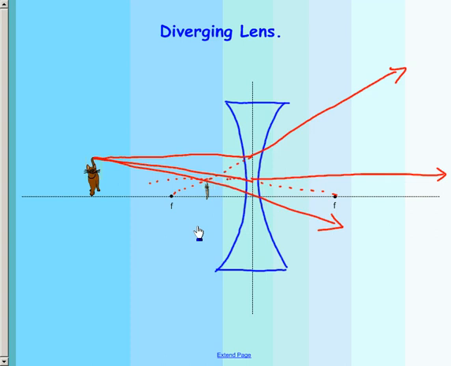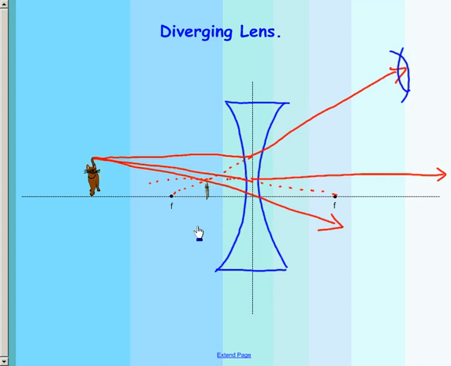So looking at our image here, and this is the toughest one you're going to have to do, it is upright, it is smaller than the original, so its magnification is negative, and it is a virtual image, because if our eye was over here somewhere, okay, if we were here looking at it, the light is not coming from that point where we see the image of the cat. All right, it's coming from somewhere else, okay?